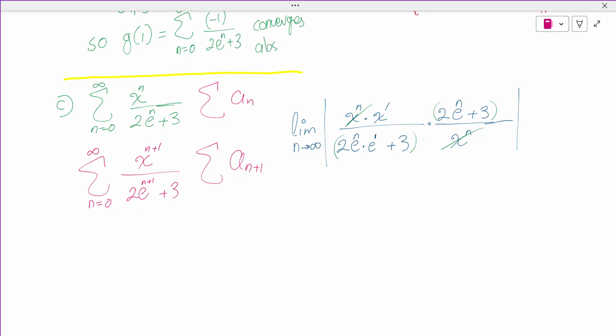Okay? Be careful. So what do we do now? We will write the limit as n approaches infinity of the absolute value of x times the remaining: on top is 2e to the power of n plus 3, over 2e to the power of n times e, plus 3.